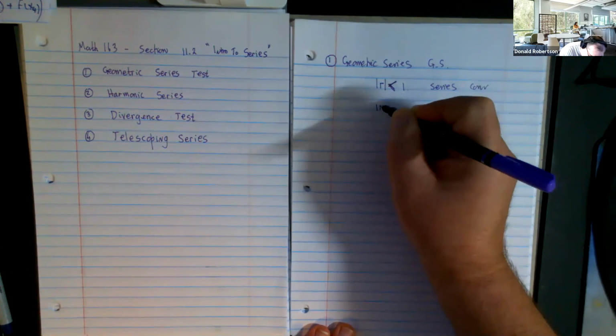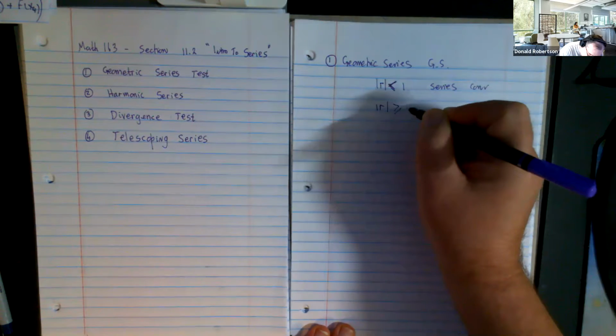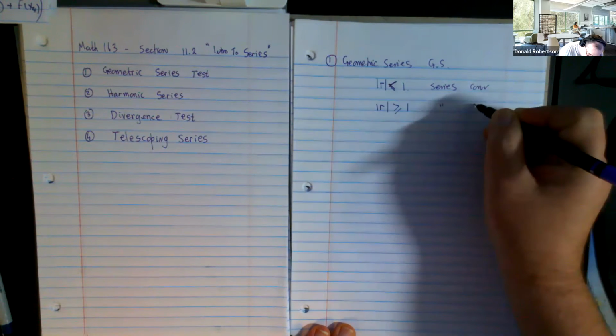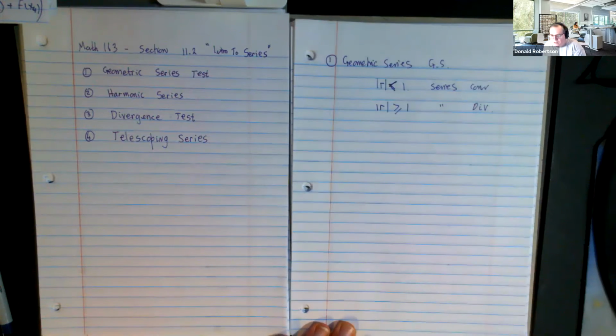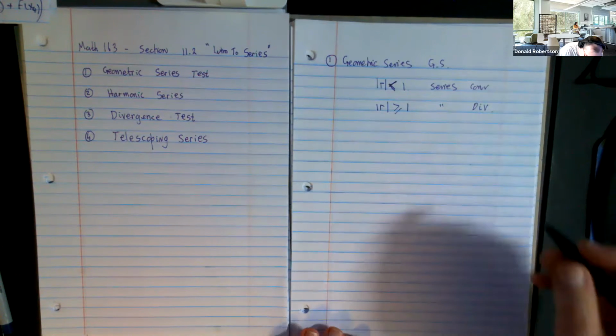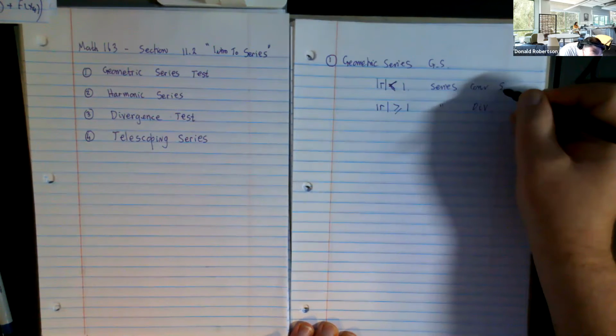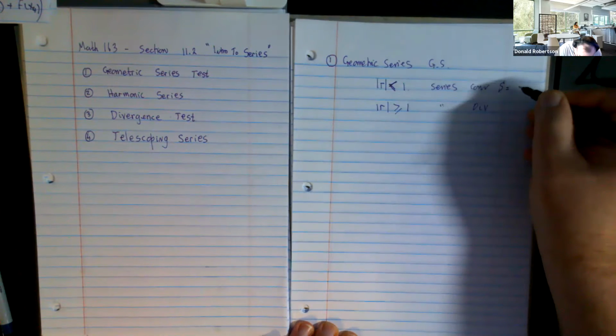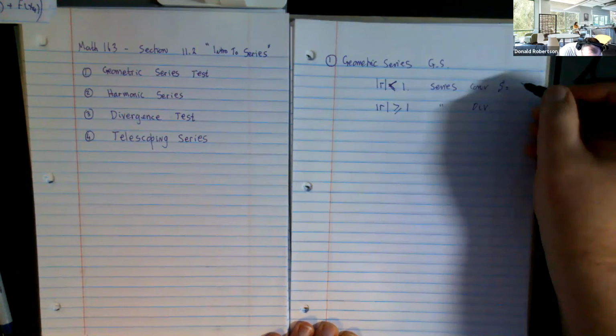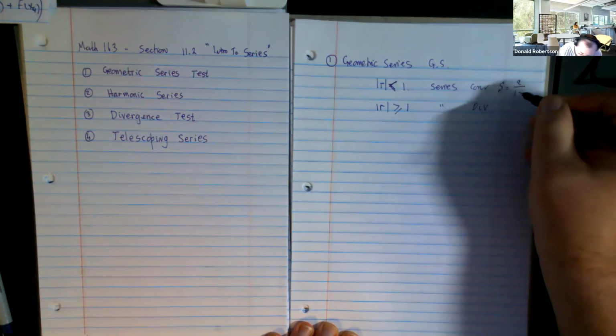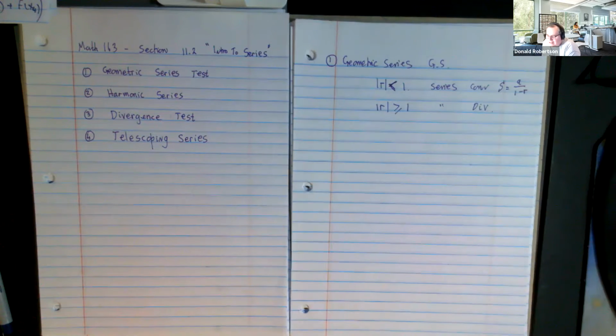And if the absolute value of it is greater than or equal to 1, then the series diverges. If it does converge, then the sum of that series, what all the terms added together would give you, is found by a very simple formula of A over 1 minus R, where A is the original first number in the series, and R is the common ratio.